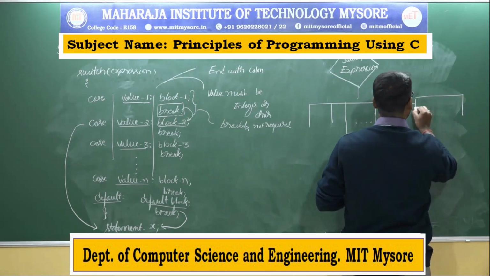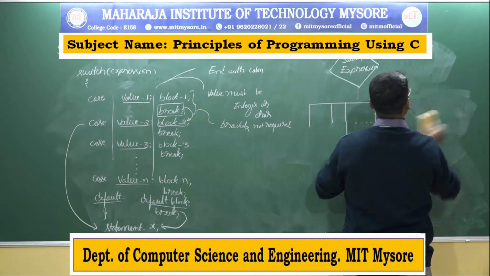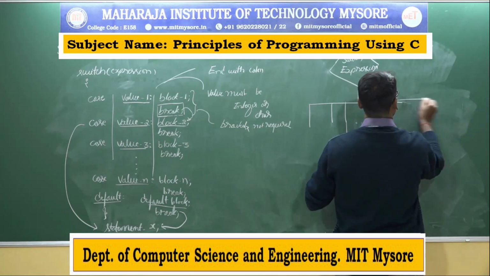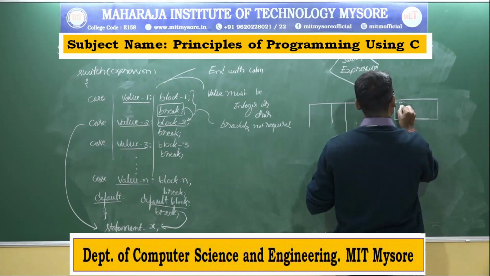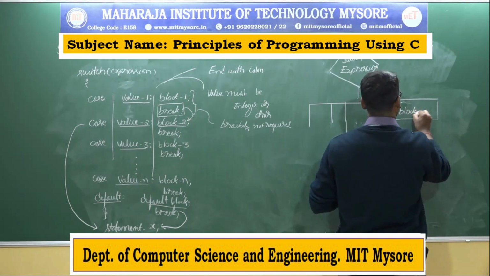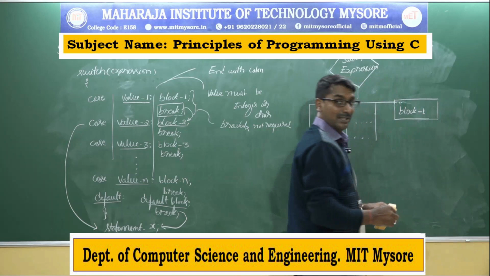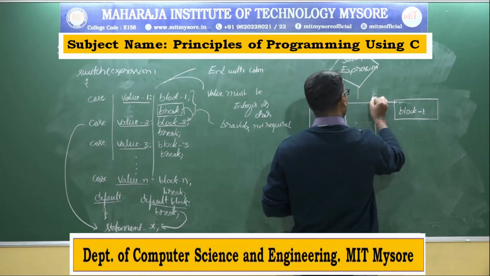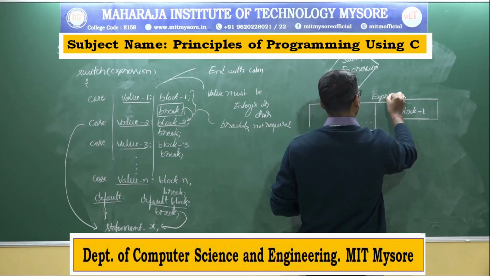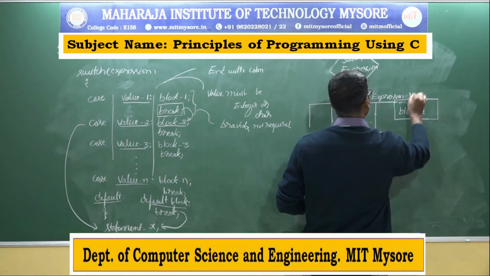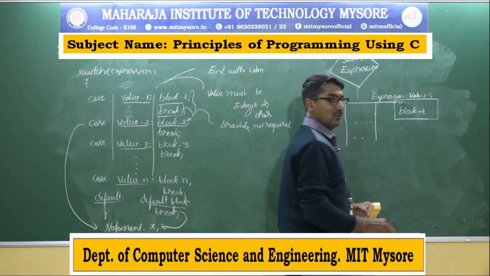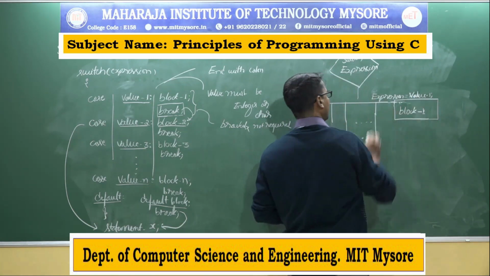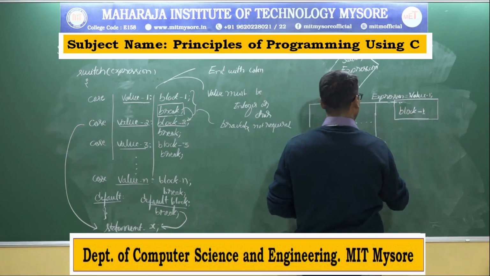The first one is block 1 statement. Here, the expression is equal to value 1. If the expression is equal to value 1, it executes the block 1 statement.